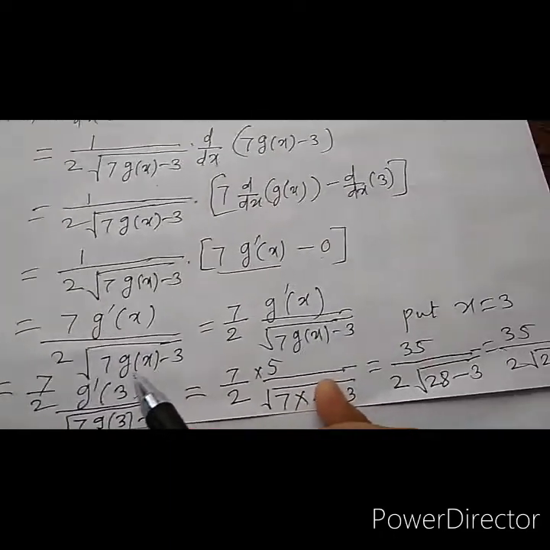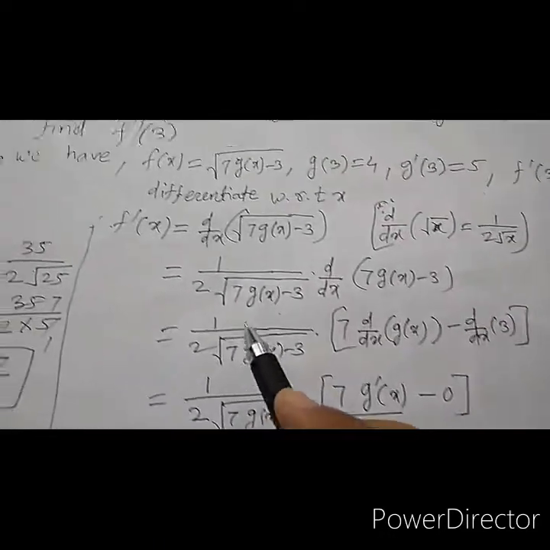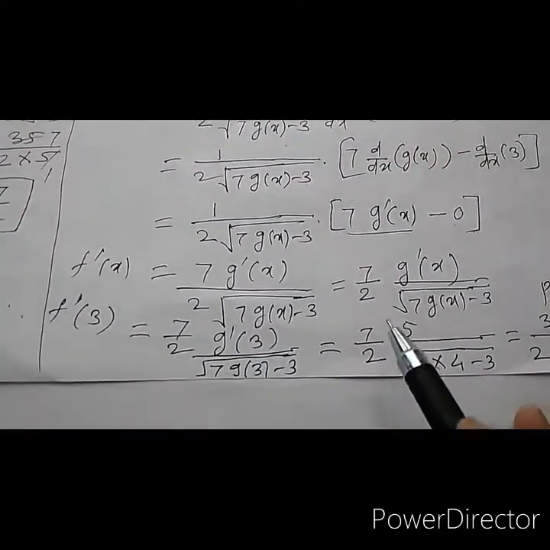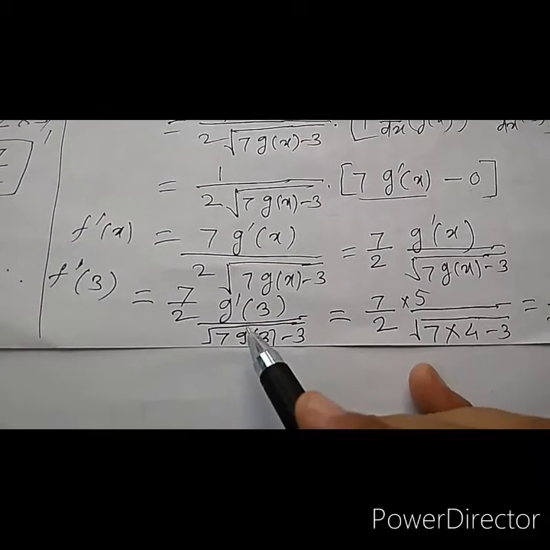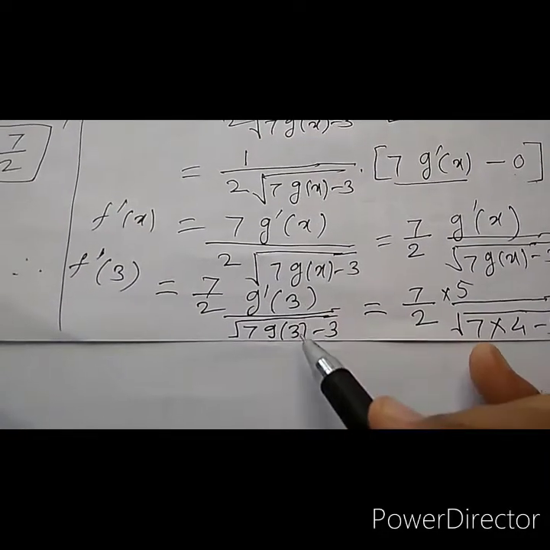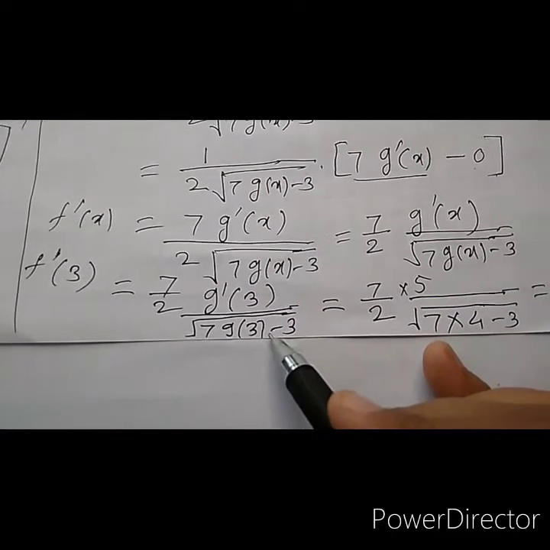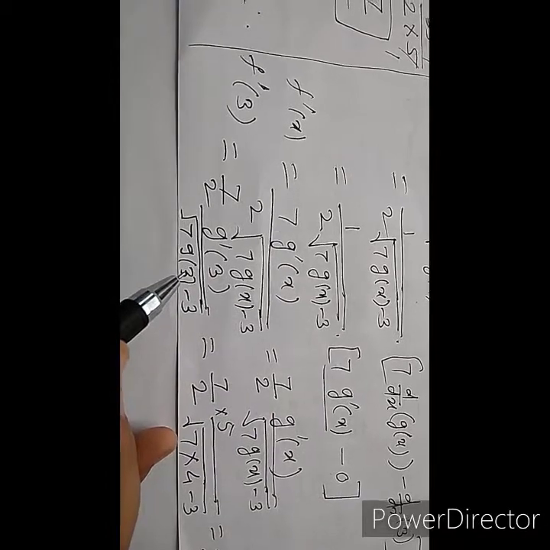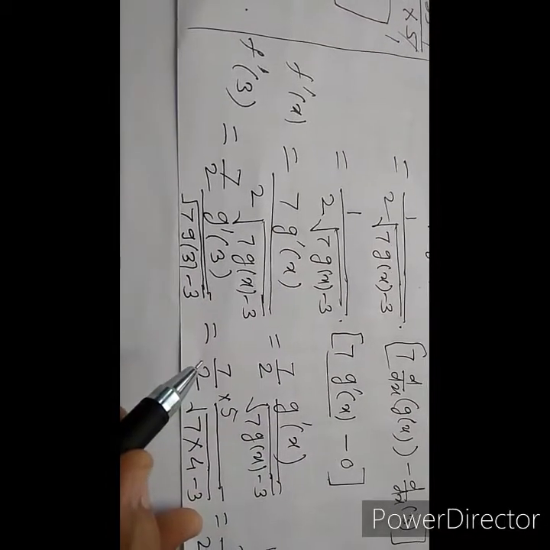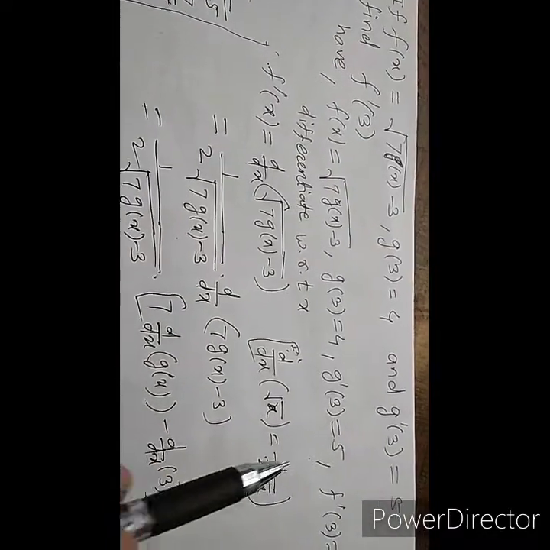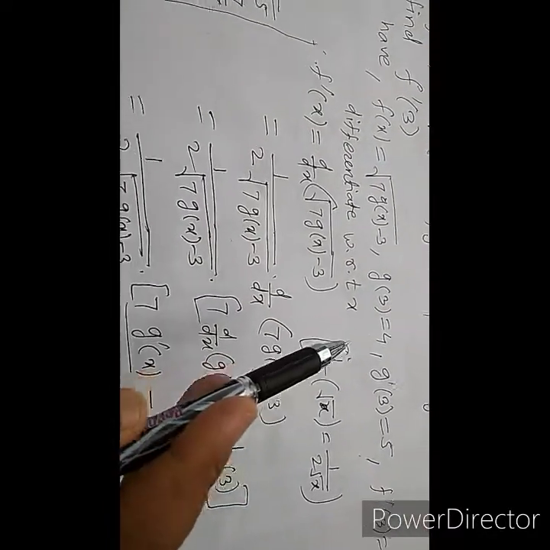Now we can put x is equal to 3 because here we have to find f dash of 3. Therefore, by putting x is equal to 3, we get 7 upon 2 g dash of 3 upon root 7 g of 3 minus 3. But g dash of 3 is equal to 5 and g of 3 is equal to 4.